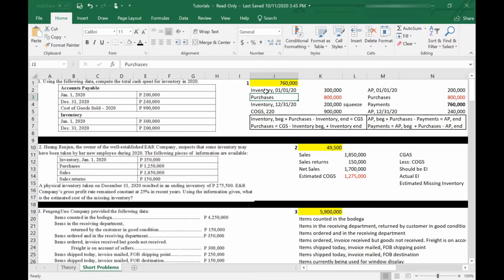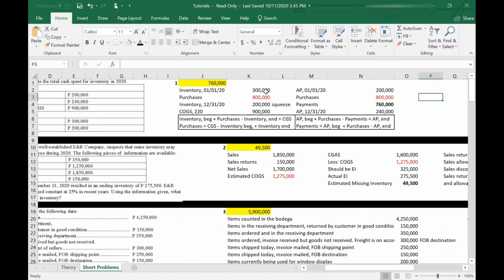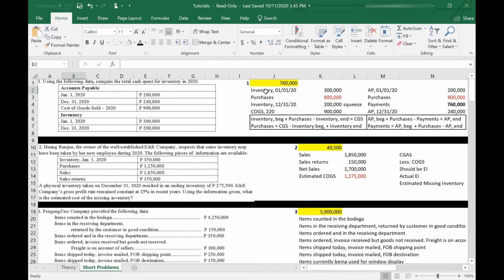So those purchases pertain to your credit purchases, so it will affect your accounts payable. Your beginning accounts payable as given by the problem was 200,000 pesos, and as mentioned, your purchases amounted to 800,000 pesos.